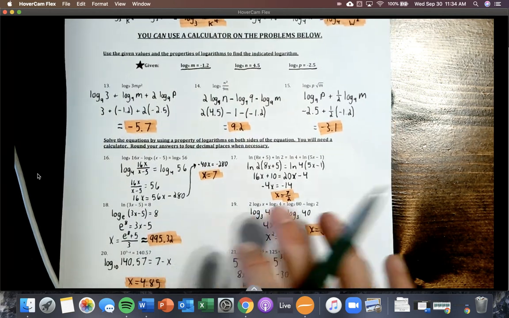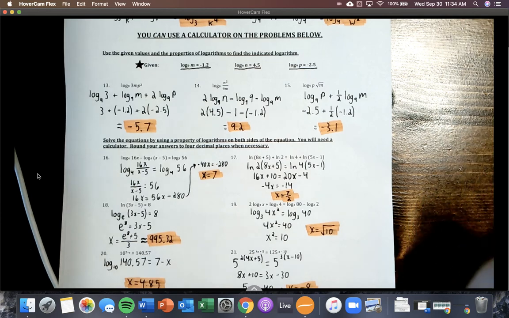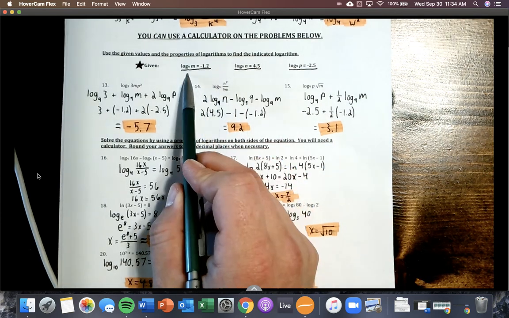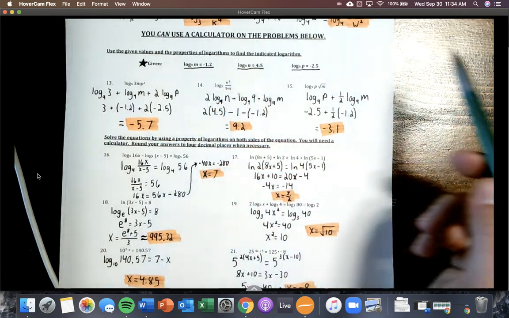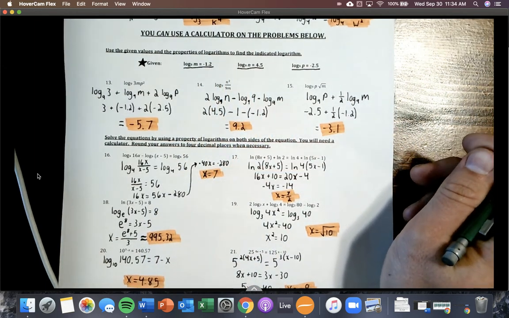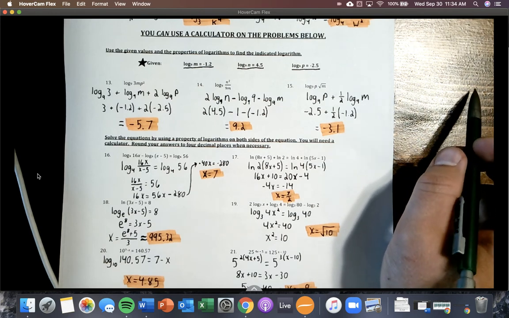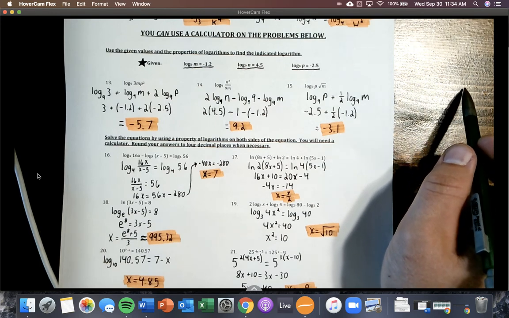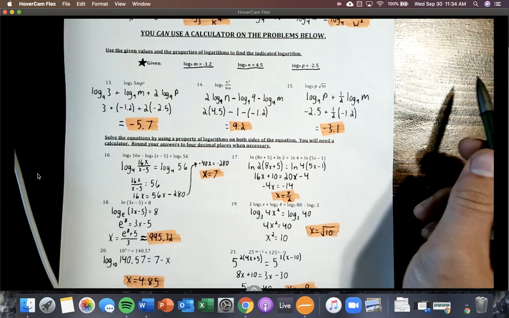So moving on. Number 13, we're given these three values here. Log base 9 of m equals negative 1.2, log base 9 of n equals 4.5, and log base 9 of p equals negative 2.5. We're going to use these values to solve these logarithmic functions, right?